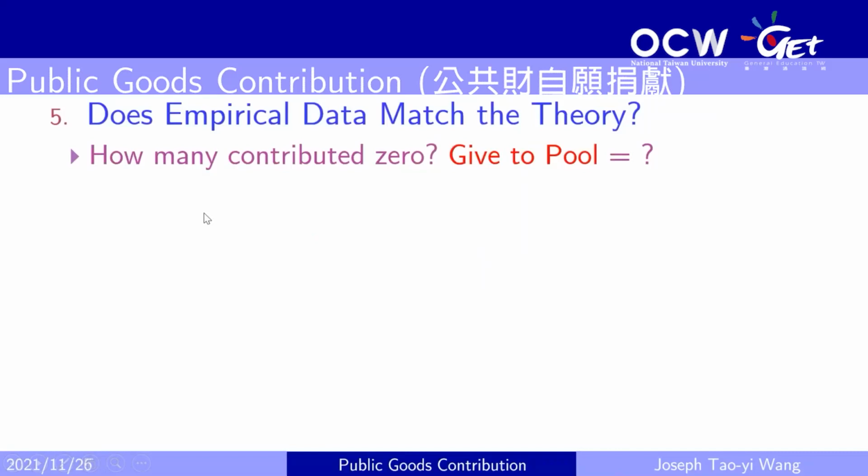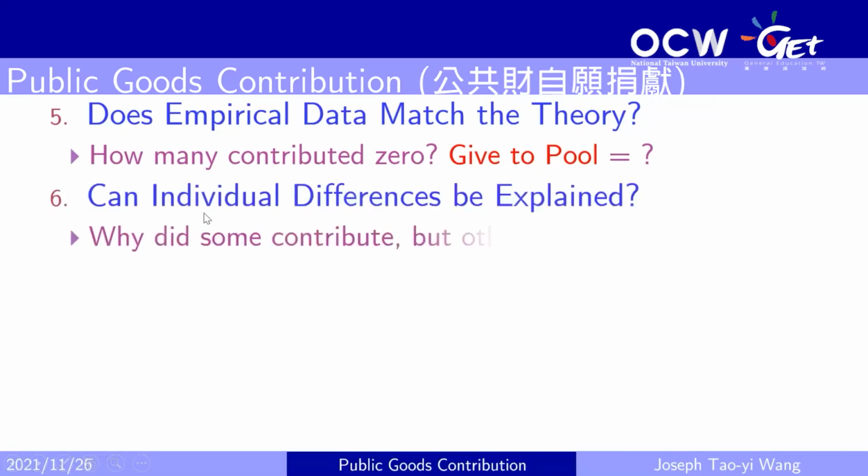Although it's not really that everybody's contributing half. Some contribute a lot, some contribute 0. But then after several rounds, things start to deteriorate, and it could even go to nobody contributing, or only a small group of people insisting, but the majority of people are not contributing.